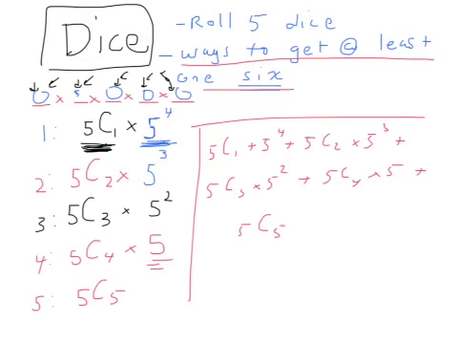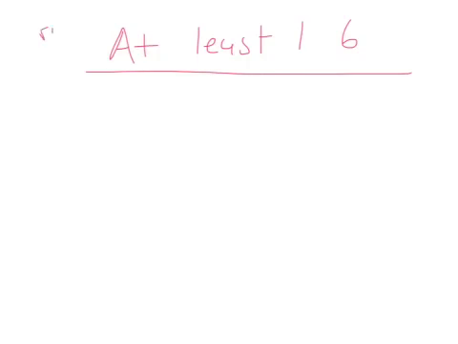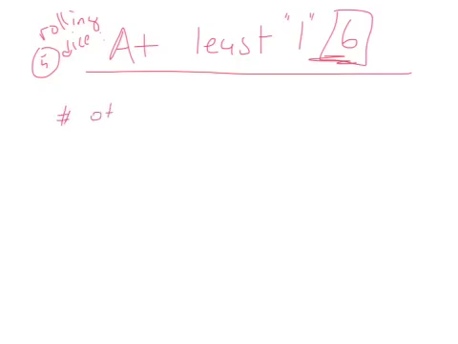The simpler way for me to do this is as follows. For me to get at least 1 six, and again this is rolling 5 dice, the other way to think about that is the number of possible rollings.